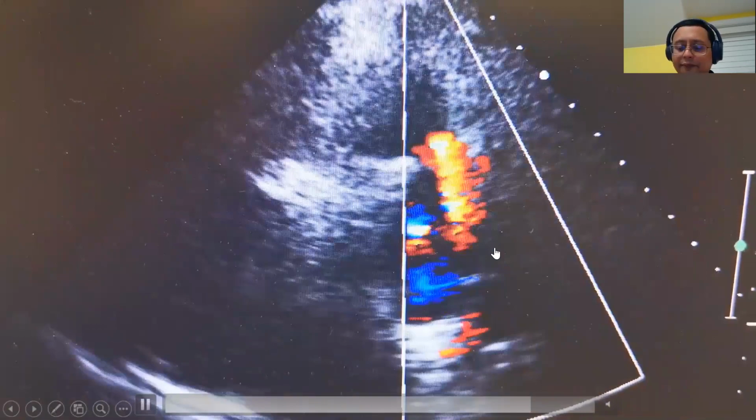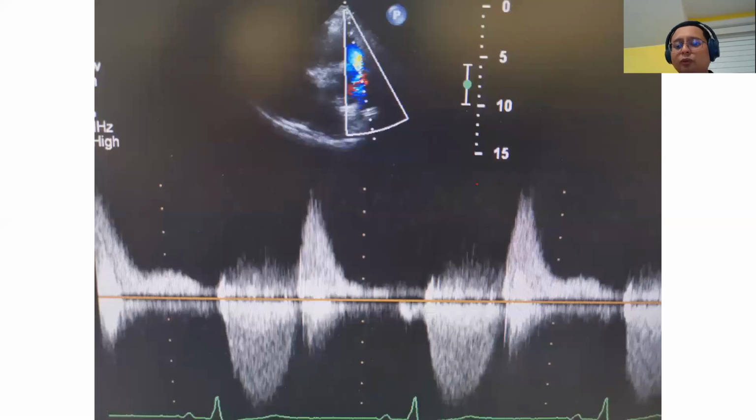How severe is that? So we put a continuous wave Doppler. Look at this, okay? Even though this is not a pulmonary lecture, whenever you put a continuous wave Doppler across the pulmonary valve and you can see a triangular shape like this that ends way before diastole, this is severe pulmonary regurgitation. Why does it end very early? Because your right ventricular end diastolic pressure is very high.